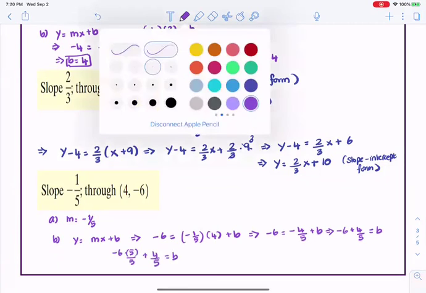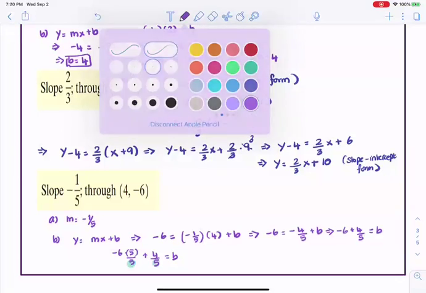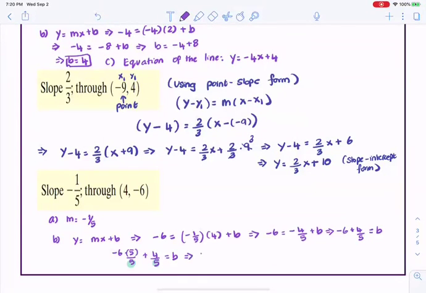So I have a common denominator, which means I can combine the numerators. So -30/5 plus 4/5 equals b.